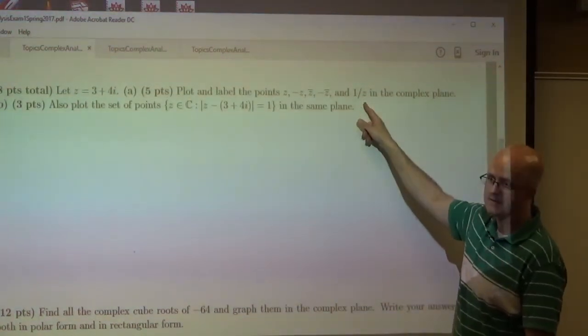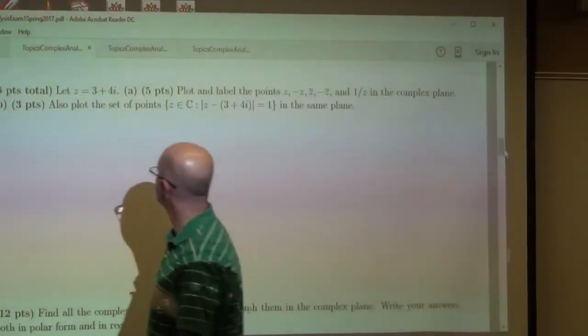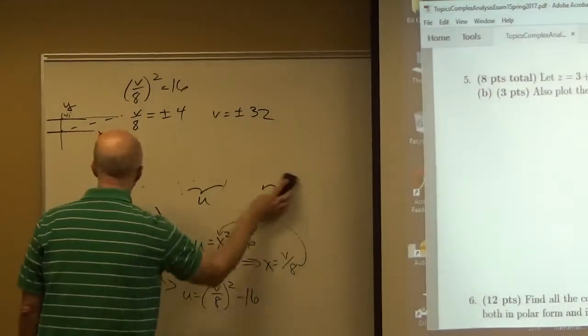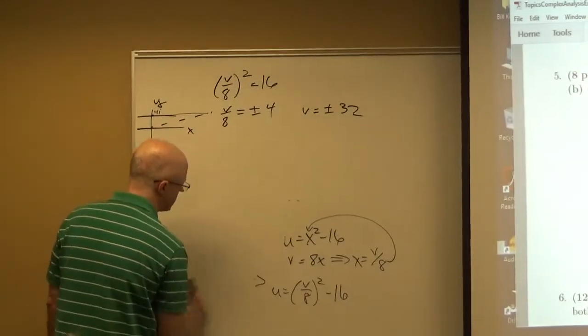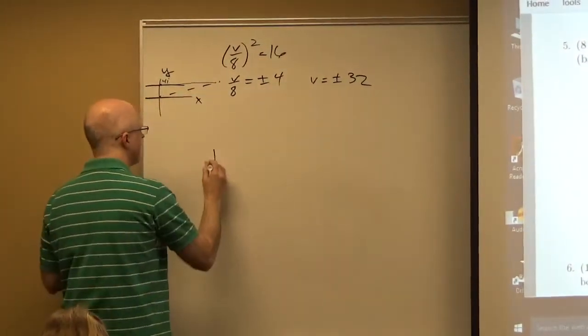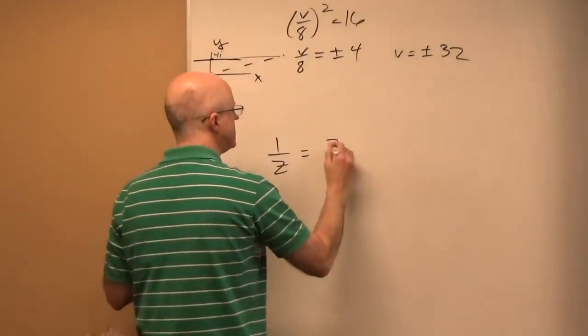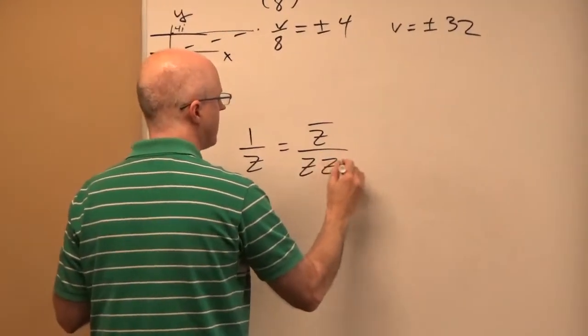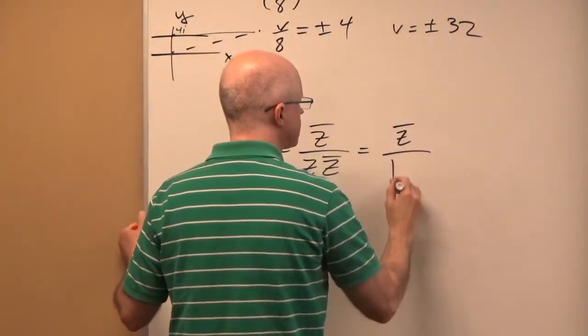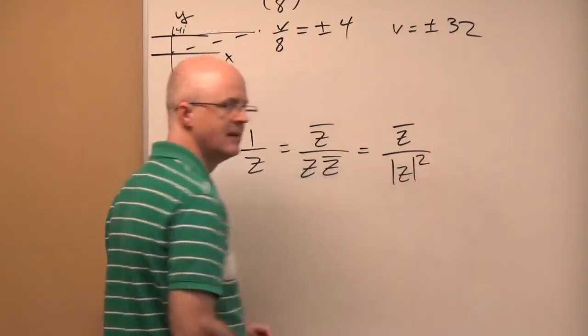1 over z is something different, though. In plotting 1 over z, you can certainly figure out what 1 over z is in terms of coordinates, but I think it would be good to remind you that you can also think of it this way. 1 over z is the same as z bar over z times z bar. And remember that z times z bar is the same as the squared modulus of z.